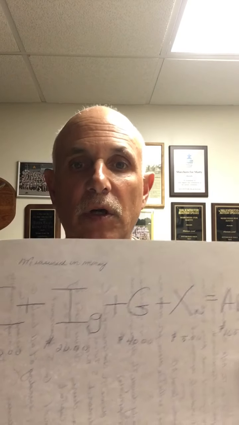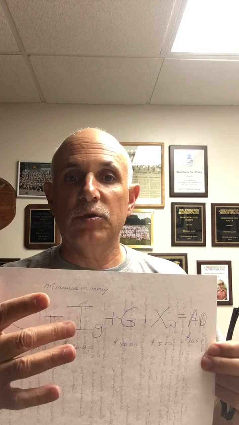I don't know how well you can see that, and obviously not very well, but this is C plus I sub G plus G plus X sub n equals AD. That's aggregate demand.